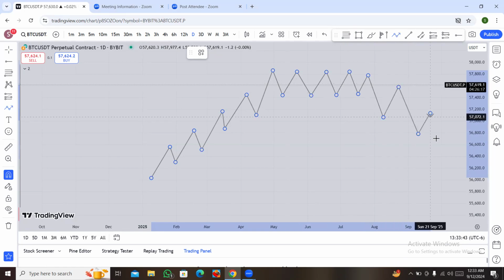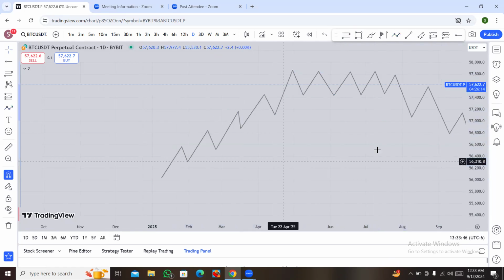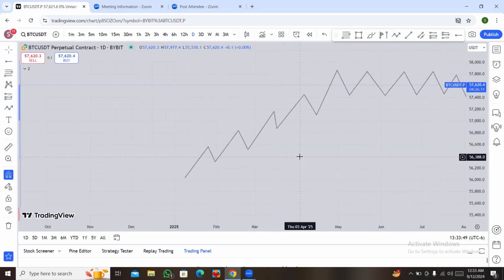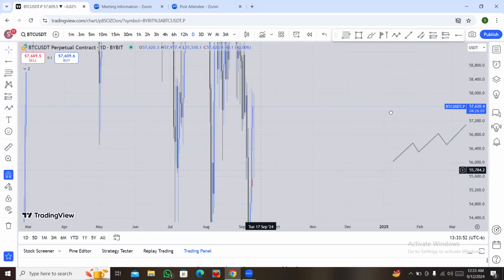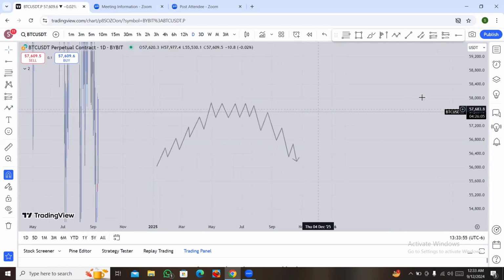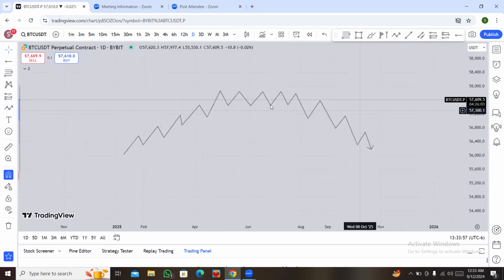Then it shifted its trend, and you will see the same scenario at bottoms as well. So there is nothing secret in it. Whenever this kind of range is formed, whether it breaks out or breaks down, this whole range zone turns into a supply or demand zone for you.